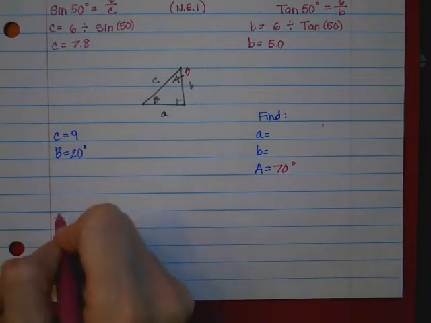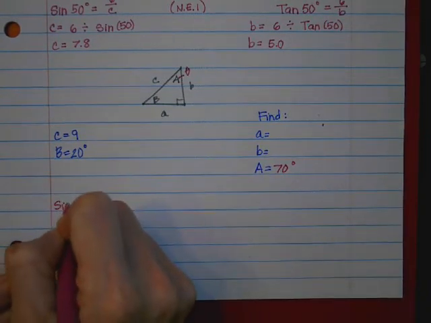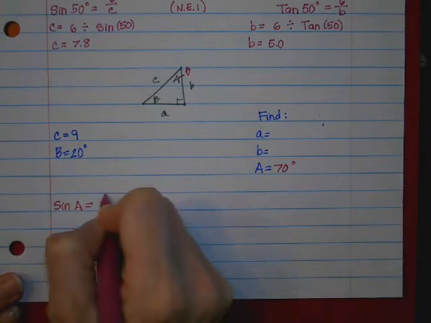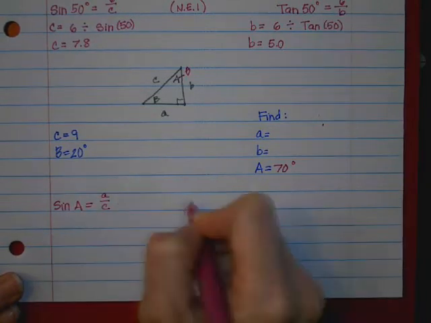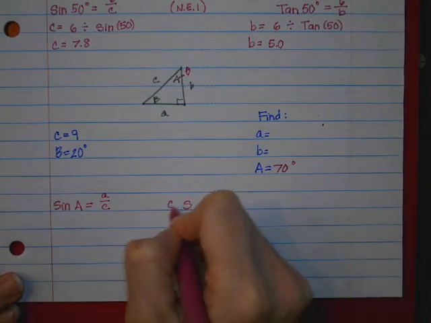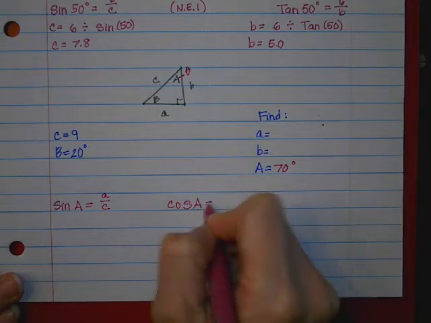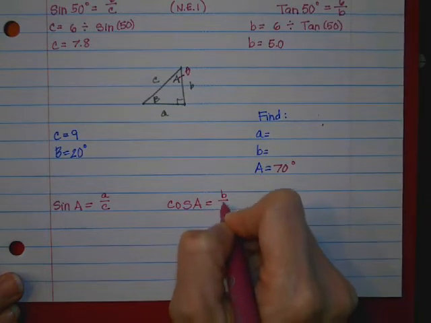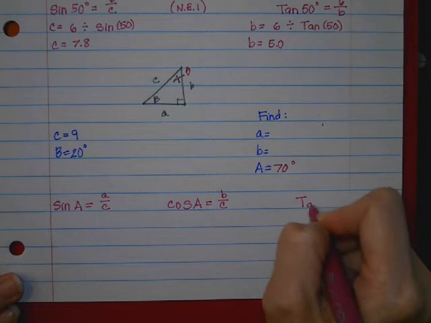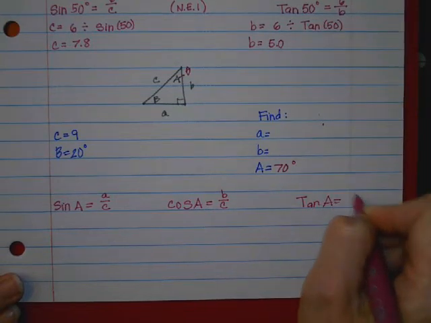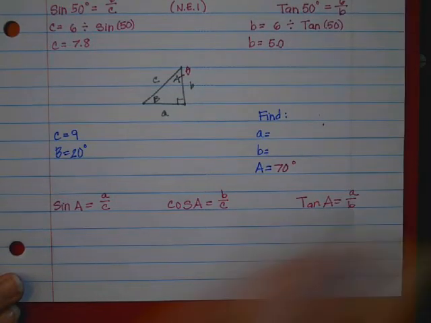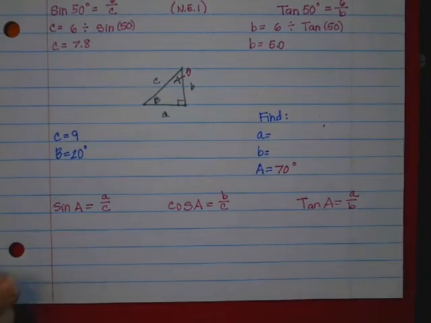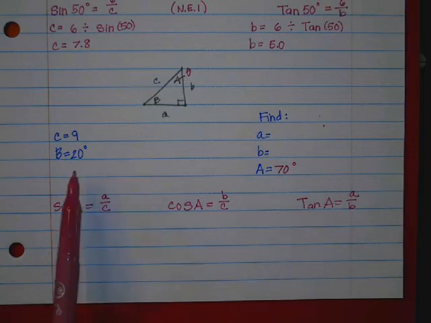All right, so I'm going to write my three ratios. Sine of A equals little a over little c. Cosine of A is equal to little b over little c. And the tangent of big A is equal to little a over little b. All right, so this time I know big A, big B, and little c.